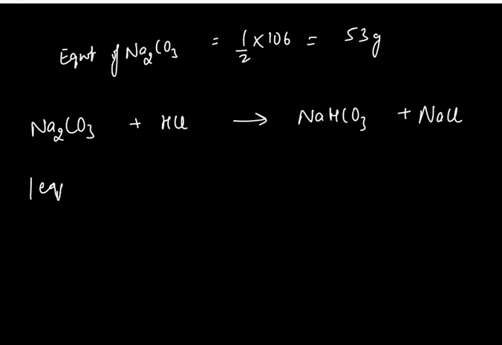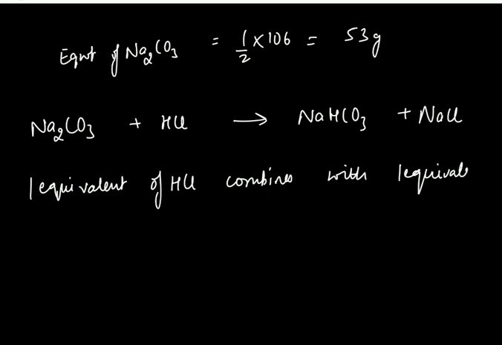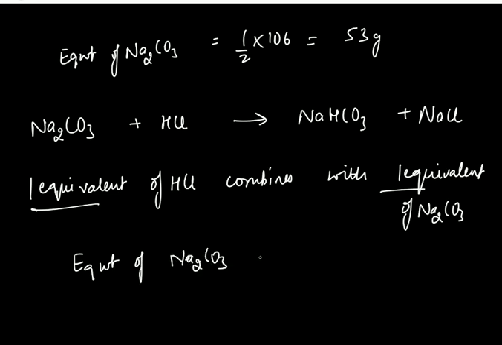So one equivalent of HCl combines with one equivalent of Na2CO3. Since they both are 1, in this reaction the equivalent weight of Na2CO3 will be 1 into its gram molecular mass. This will be 106 gram.